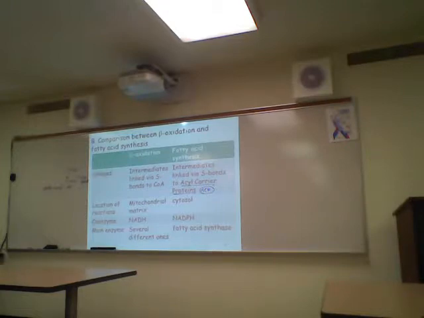You really do want to think about it as a complex. It is enormous. It's an enormous 3D picture with multiple catalytic sites in it.